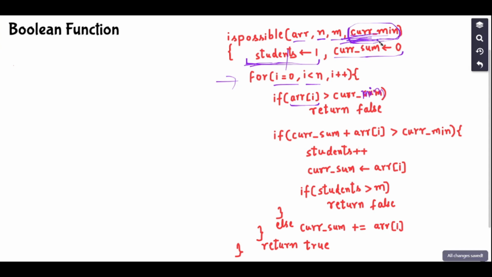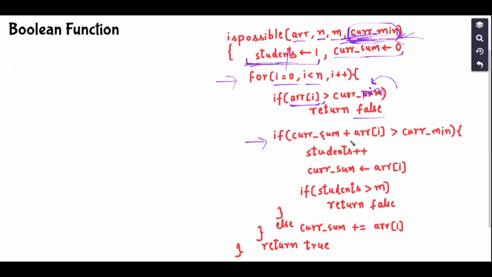We can't allocate pages more than the current min. If we have any element in the array which is greater than this current min, that means it is not possible to allocate books such that the maximum pages allocated are equal to this current min. Hence we return false right from here.